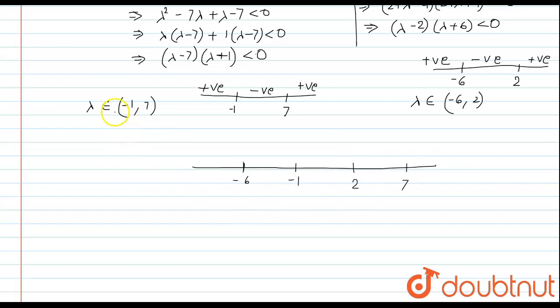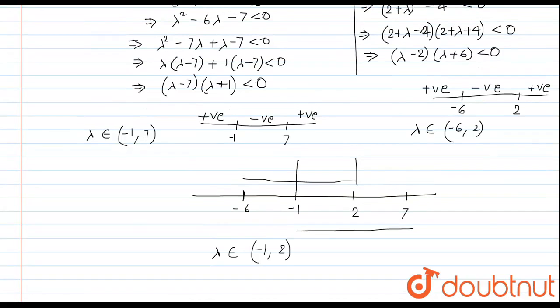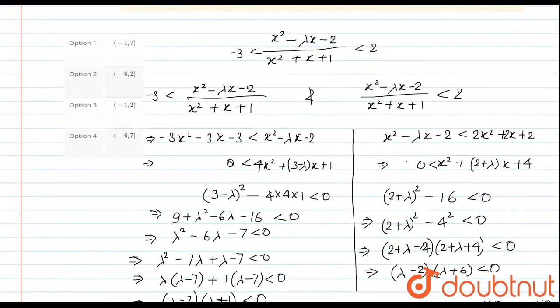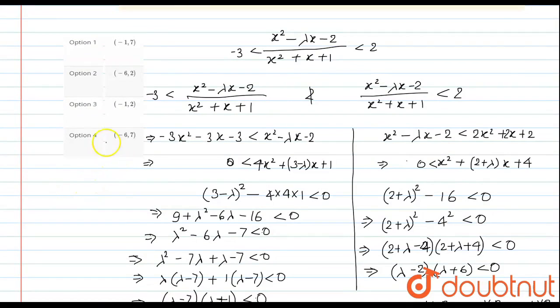For the first inequality, our lambda is minus 1 to 7, and for the second inequality minus 6 to 2. So the common interval is minus 1 to 2. So lambda will be from minus 1 to 2. And from the options, the third option will be our correct option.